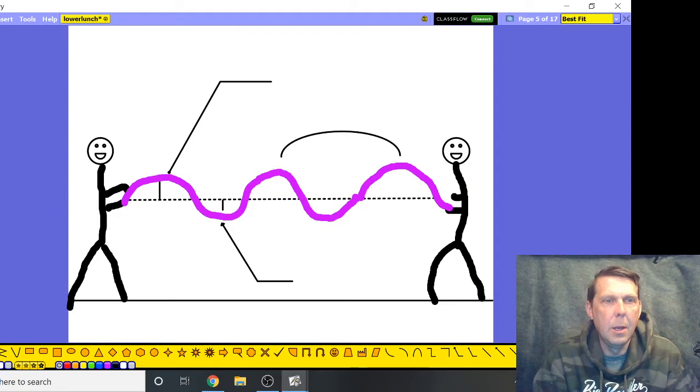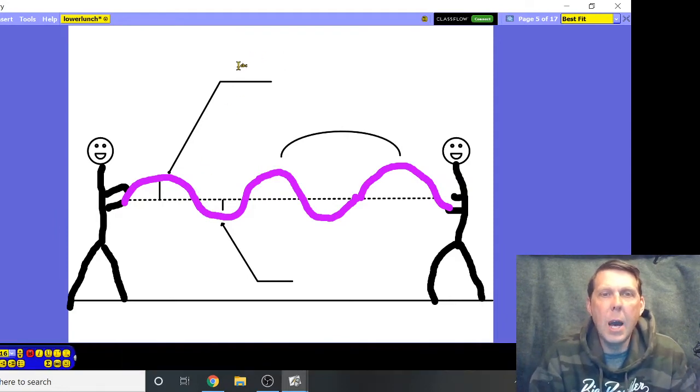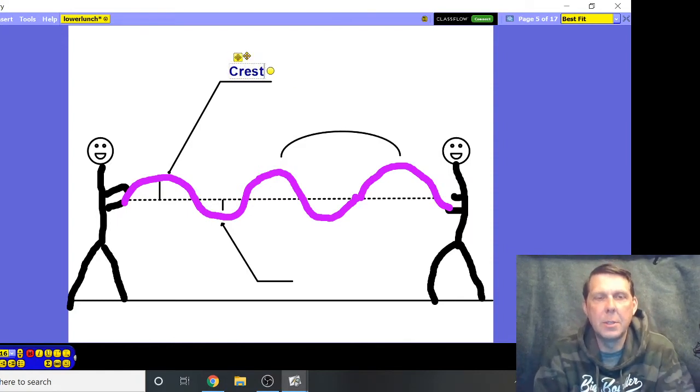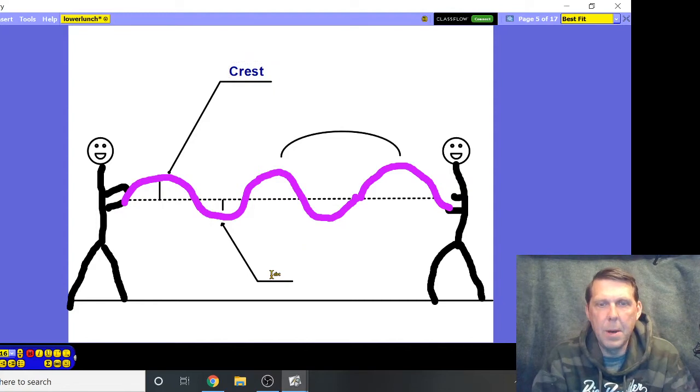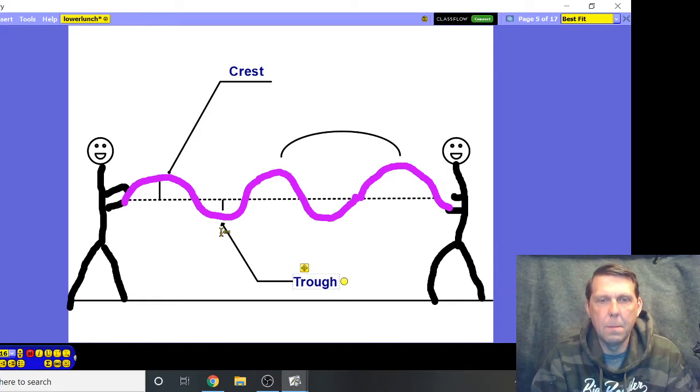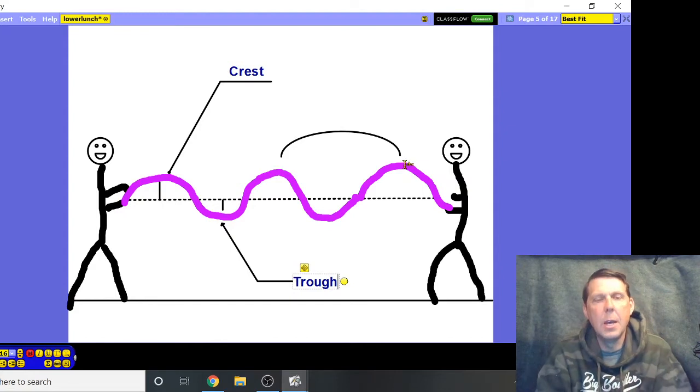All right, so let's start. The top of this wave here, every top of the wave is called a crest, and every bottom of the wave is a trough. Trough, trough, crest, crest, crest.